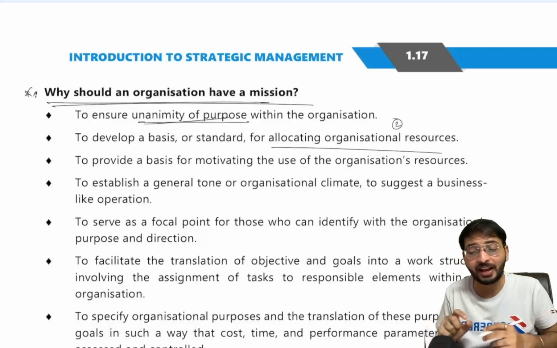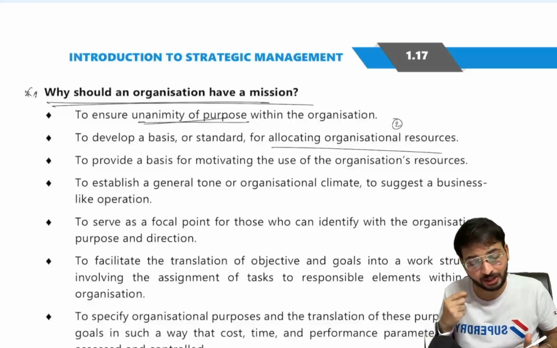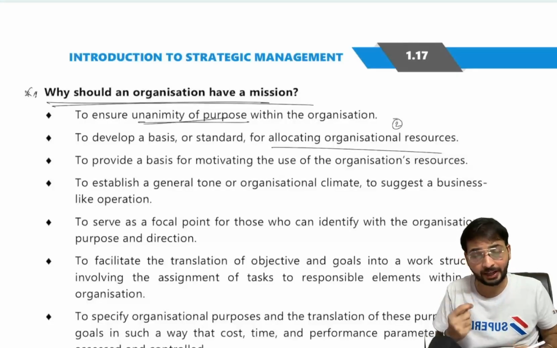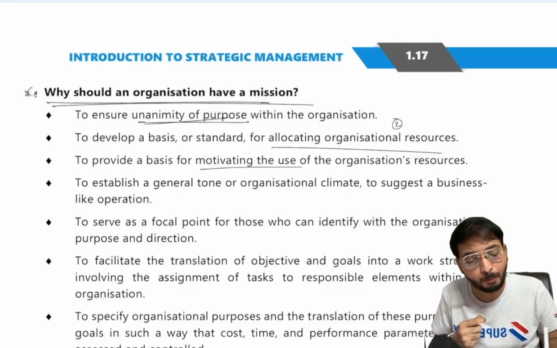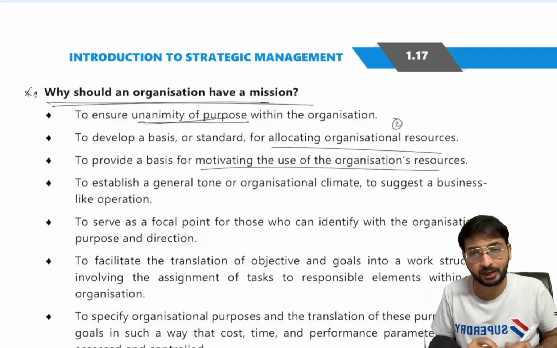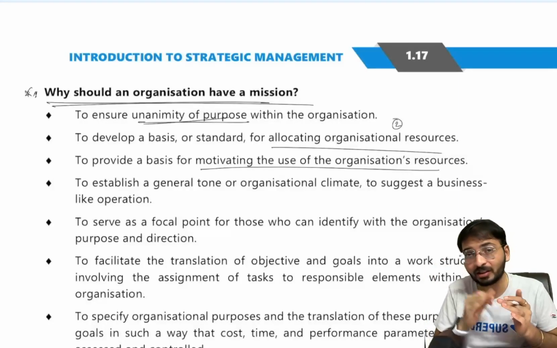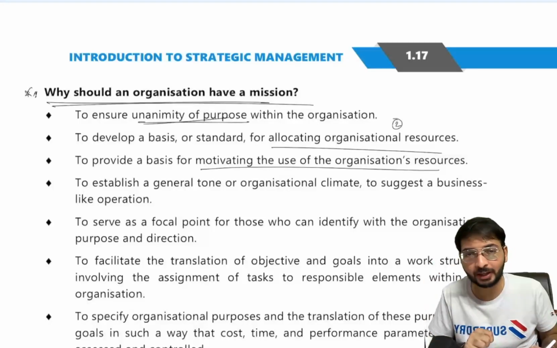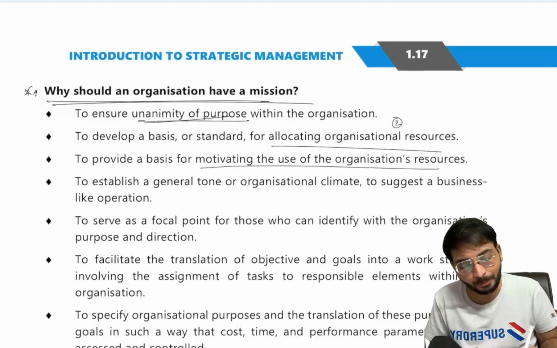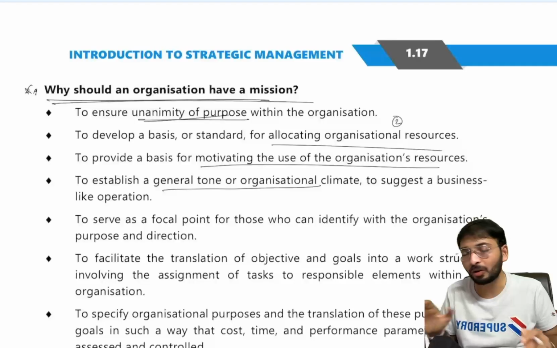After allocating, it should also help in motivating the use of those resources. Unanimity of purpose, you allocate the proper resources, you motivate them to use them. Establish a common tone where everyone is working for the same cause.